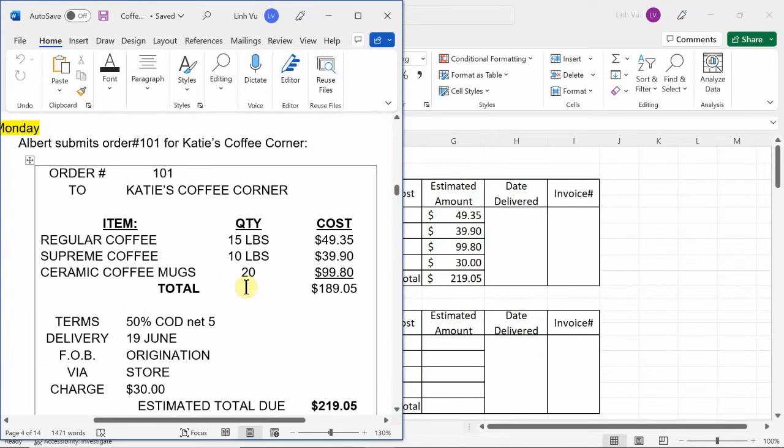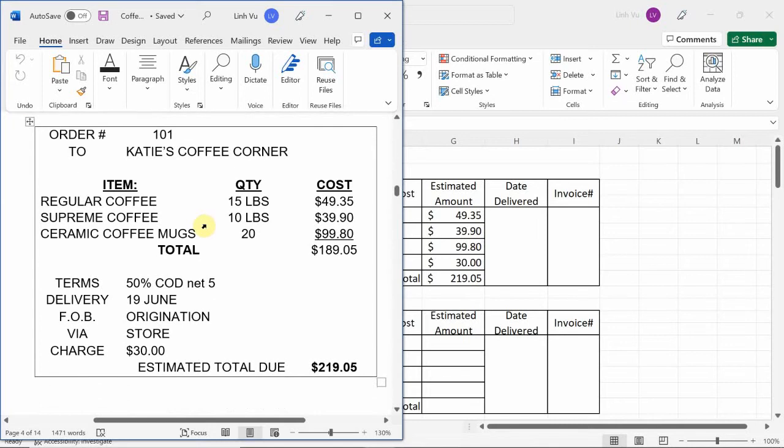And we're not going to record it until we deliver the coffee, because was there a transaction done? No, because it's just an order. We call this a non-posting transaction because, one, we didn't deliver the coffee to her, and second, we didn't receive a payment, because we are expecting her to pay 50% of this bill upon delivery, COD.